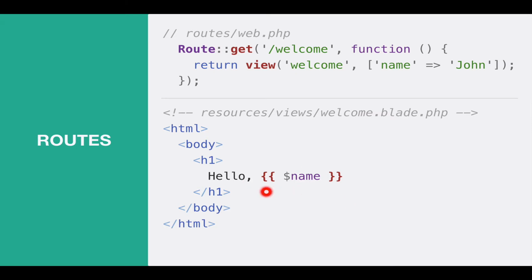This has some benefits over just using echo as well. It has some security rules built in that will prevent people from entering malicious code into our site. Okay? So this is part of Blade. This is the Blade display syntax. And we'll talk about Blade a little bit more.